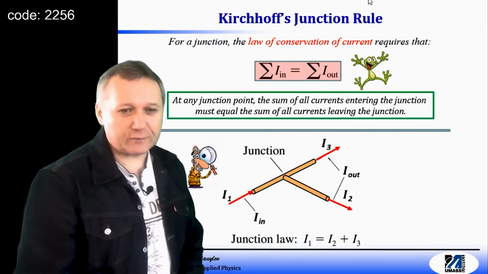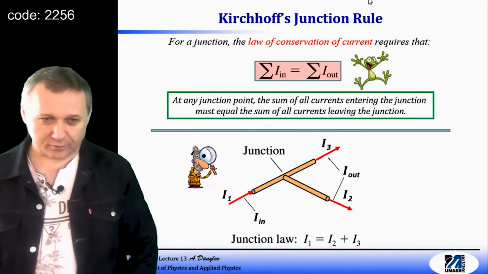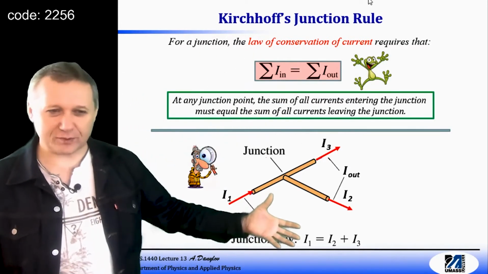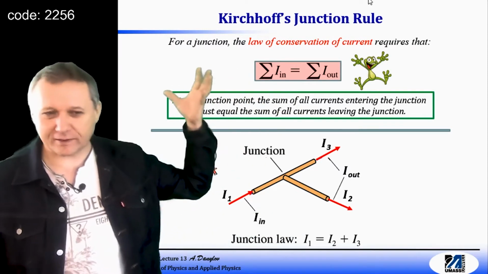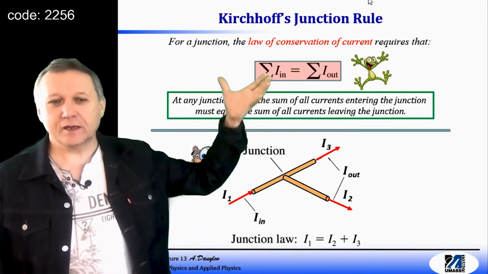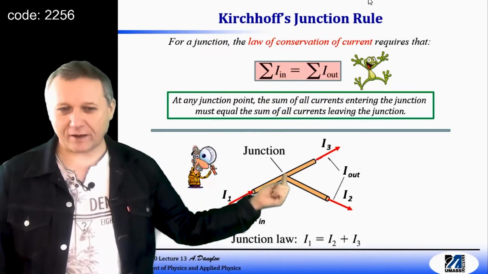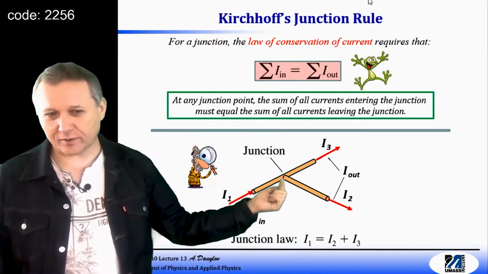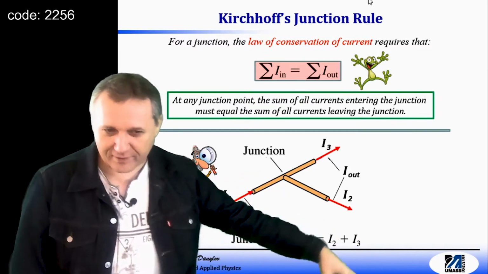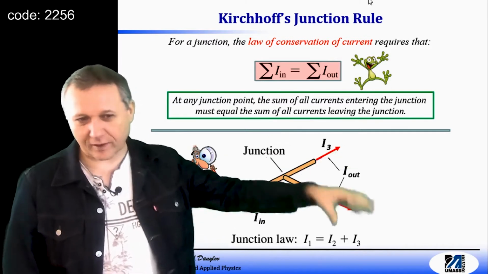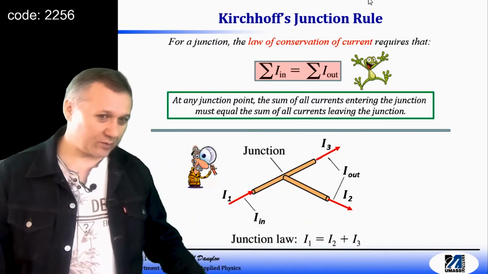Okay, anyway, the first one, the junction rule. We've already used it several times, so I'm not opening it piece by piece. You're all familiar. It's basically conservation of current. If you have any junction point in a circuit, the total amount of current entering must be equal to the total amount of current leaving the junction point.